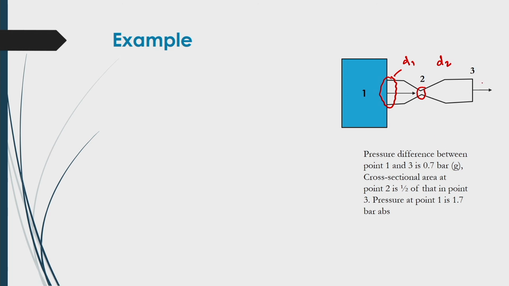whereas again from this converging section it is converted to diverging, as per the principle of Bernoulli, for getting lower pressure at this point 3. You will see that the diameter is d3. At these 3 sections the diameters are d1, d2 and d3, and d2 is much smaller compared to d1 and d3.